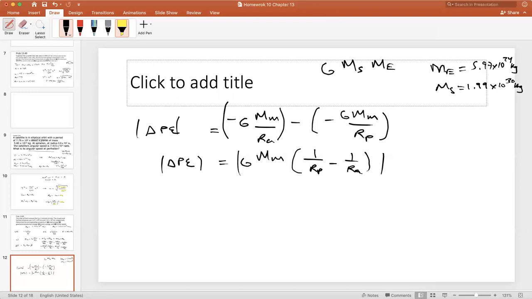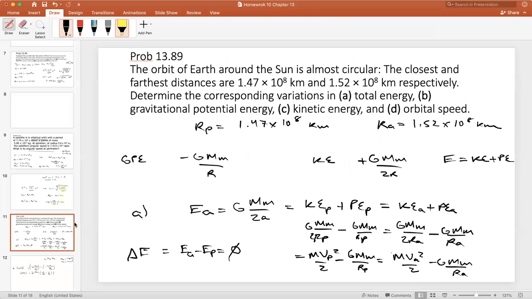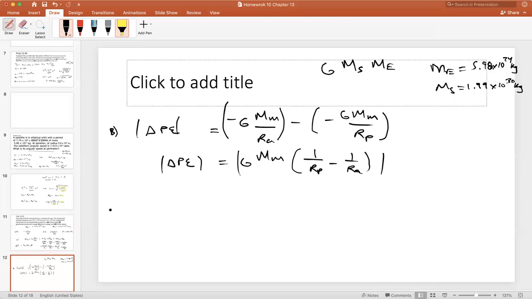You can look those up on the internet or in your book. Your book and Wiley Plus sometimes use 5.98. If you're having trouble and it's telling you that it's wrong, it might be because of that.